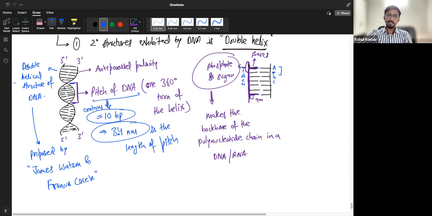The lines that you see, 1, 2, 3, 4, 5, 6, 7, 8, 9, 10. So there will be 10 base pairs in one pitch. And the pitch is 3.4 nanometers. So what will be the distance between two adjacent base pairs?